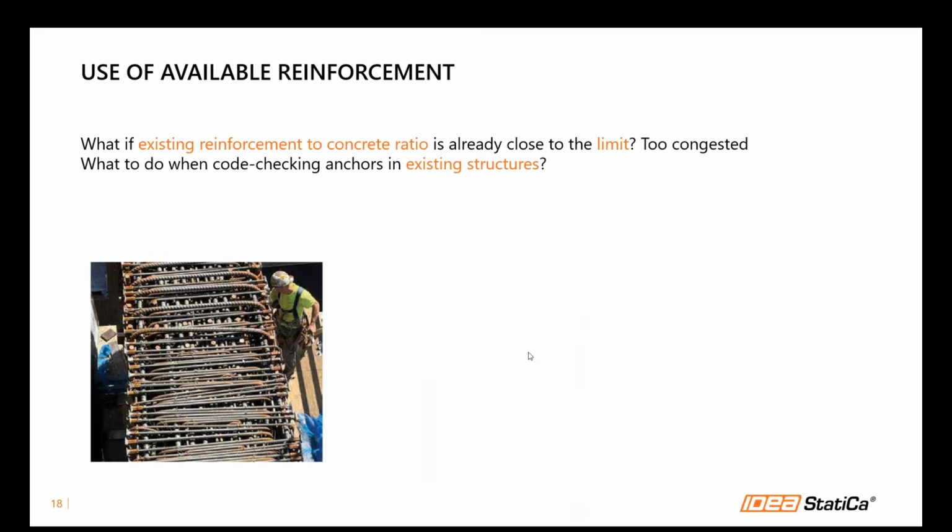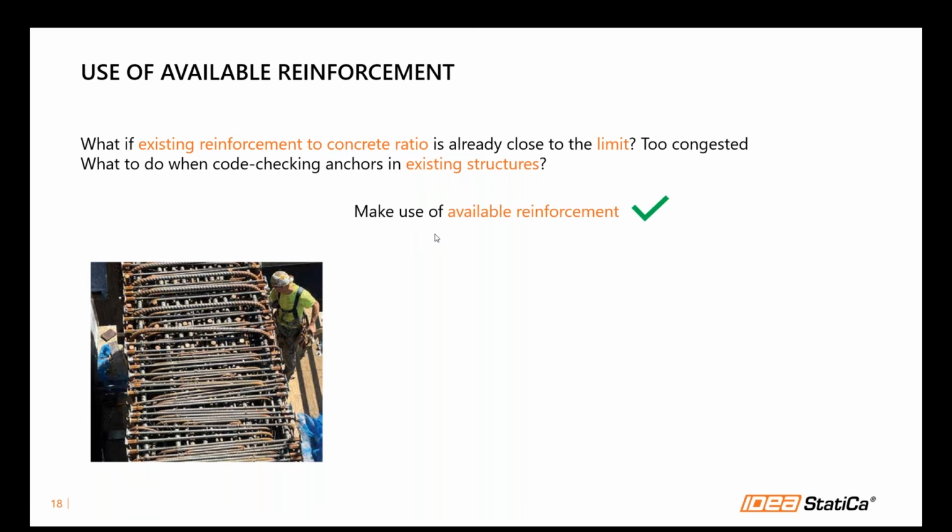Then we dig deeper further. What if we cannot add any more reinforcement? The previous questions were about how to save material by using existing reinforcement, but what if we really cannot add more reinforcement? What if it is too congested already and you cannot put in more reinforcement? And what if you want to do code checking of anchors in existing structures?